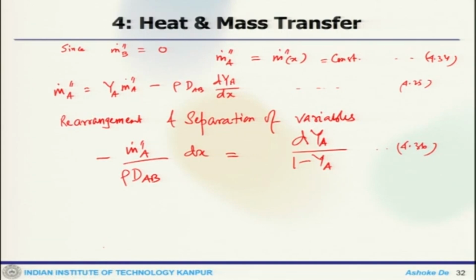Now, if we assume rho D A B to be constant, which one may assume, then we can integrate this equation.